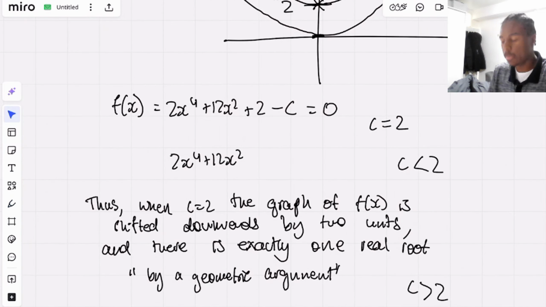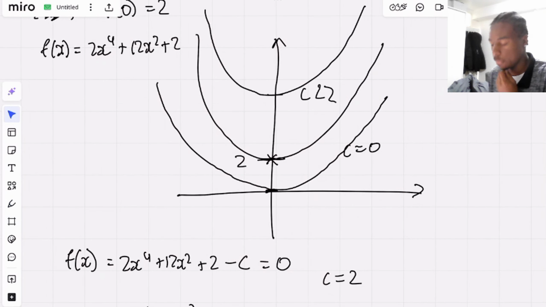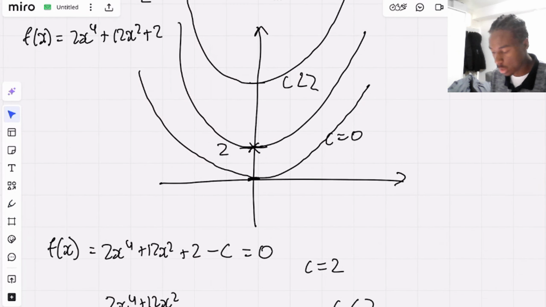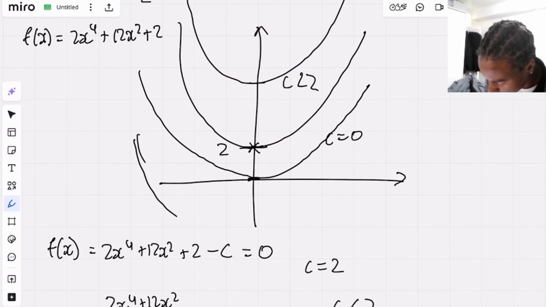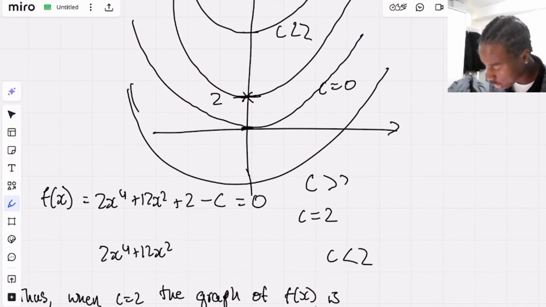Now, what about when c is greater than 2? So I'd write a similar sentence, but is that essentially what I said written down. So what if c is greater than 2? Well, if c is greater than 2, then the graph of f of x gets shifted downwards. Okay, so we have something like this for c greater than 2.